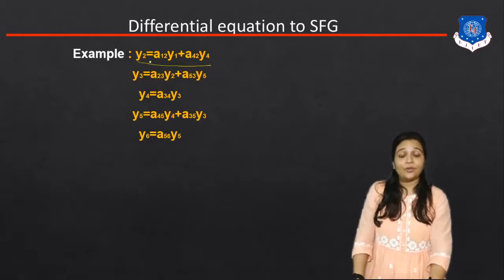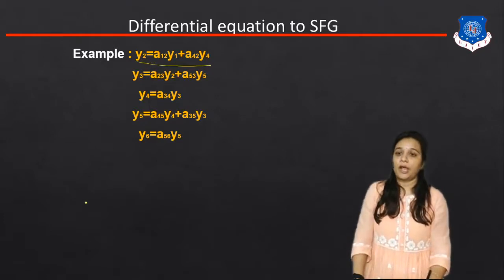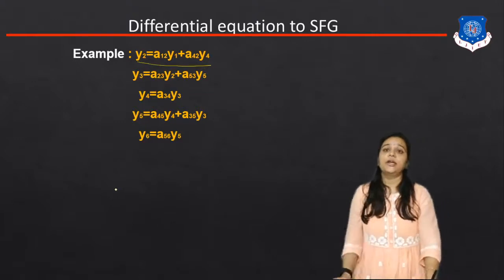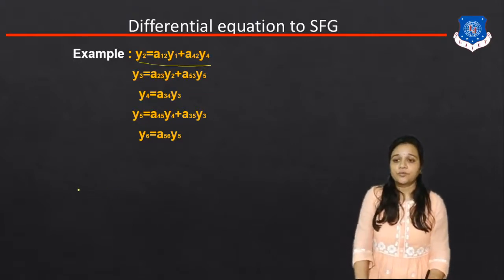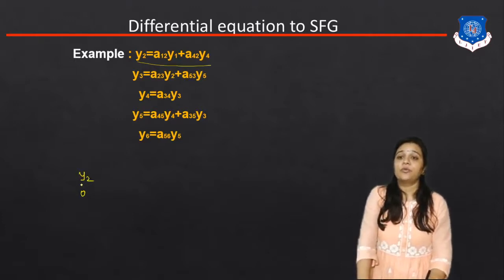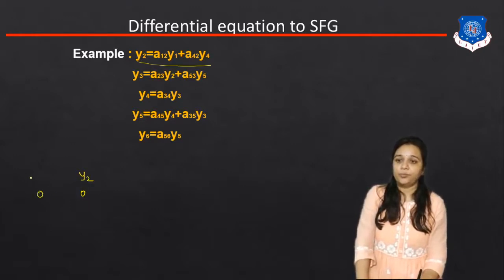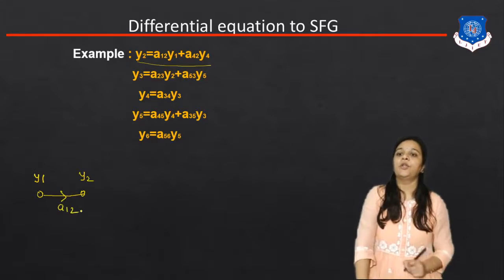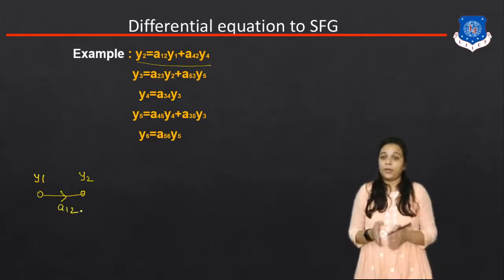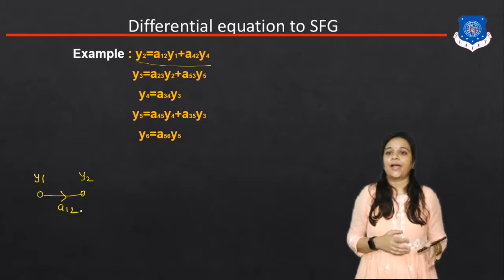So y2 is my output signal for this equation. First we draw a node named y2. Then y2 equals a12 y1, which means y1 is my input node, and between y1 and y2 the gain will be a12. Clear? Now plus a42 y4.